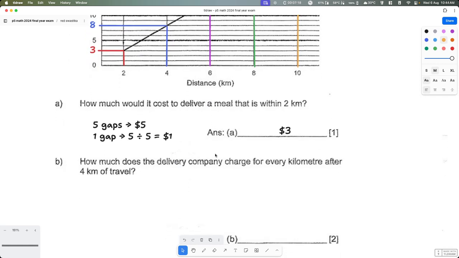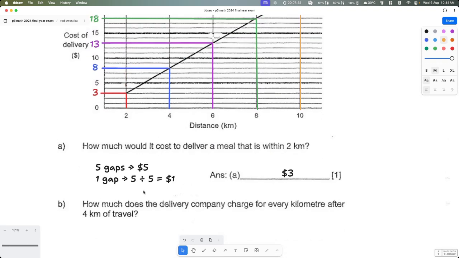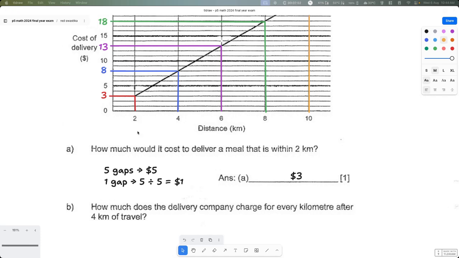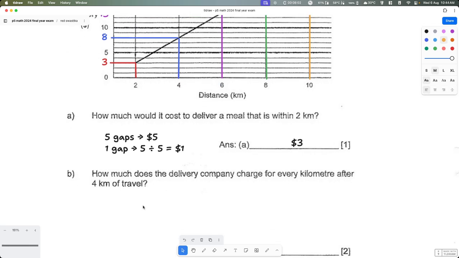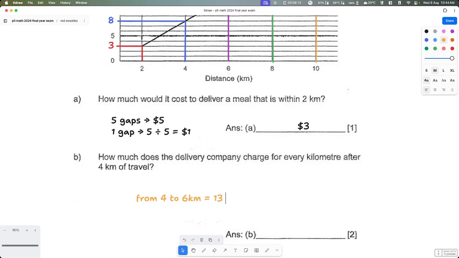In this case, it's roughly the same. If you take 4 kilometers and 6 kilometers, we find the difference, and the difference essentially is $5. From 4 to 6 kilometers is 13 minus 8, equal to $5.